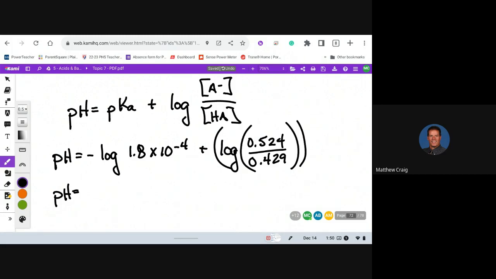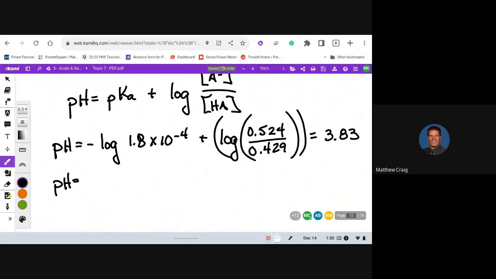So negative log 1.8 E negative 4 plus log. Oh, nope, don't type that in. That divided by that. So I get 3.83. Yes. Okay.